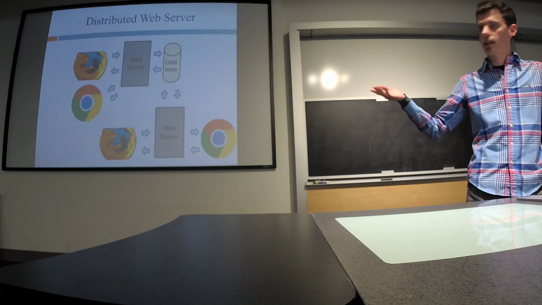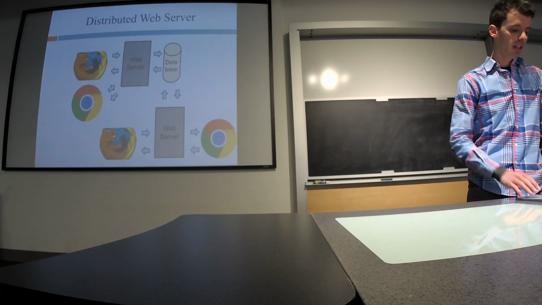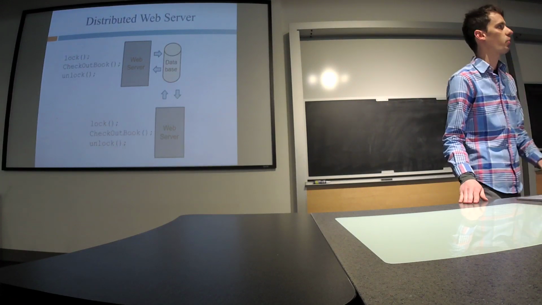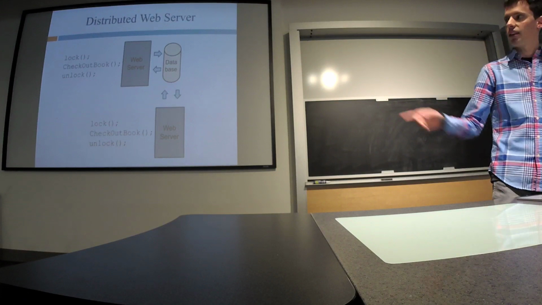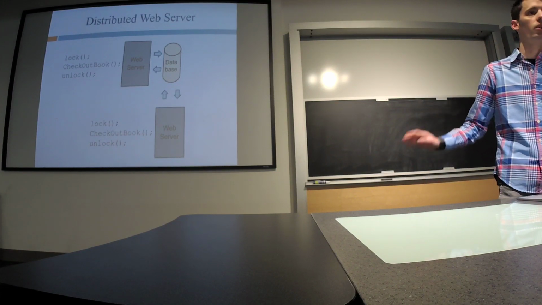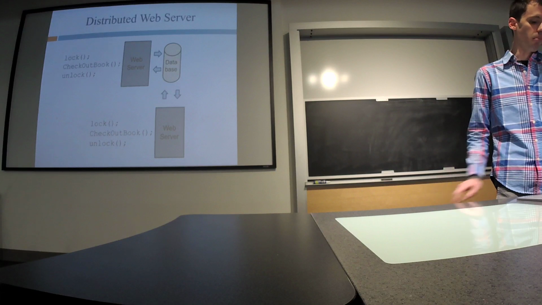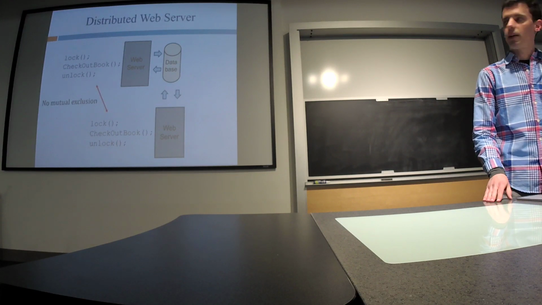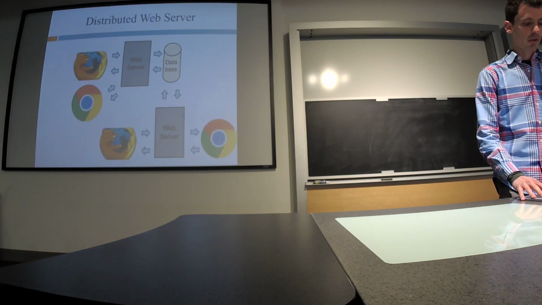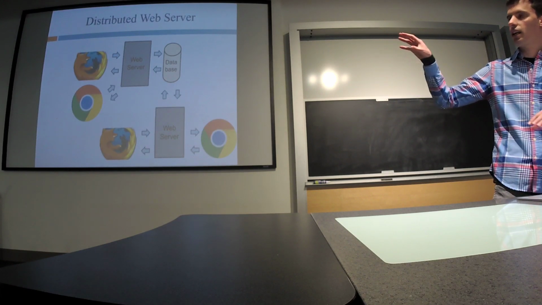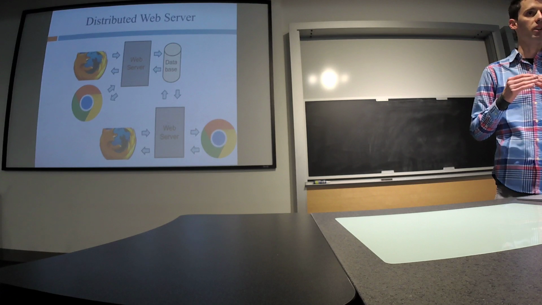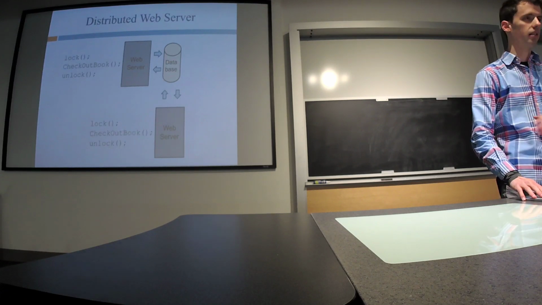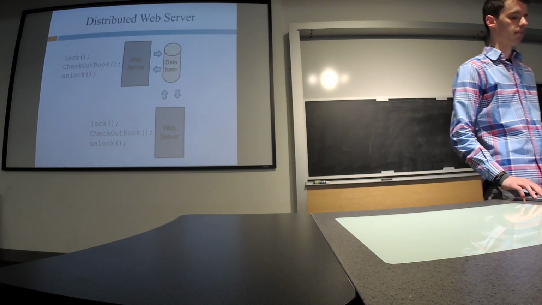And you have multiple clients connected to each of those web servers. Now if you try to do this, software lock on each of these are totally different machines, totally different processes. There's no mutual exclusion between the two. It will prevent races between any clients connected to that one server, but it will not prevent races between clients connected to some other server on the other side of the country.